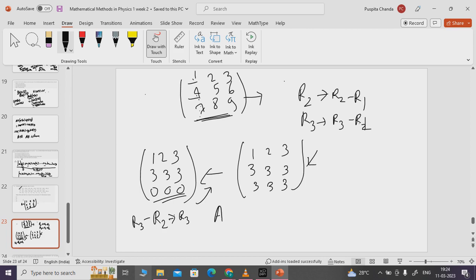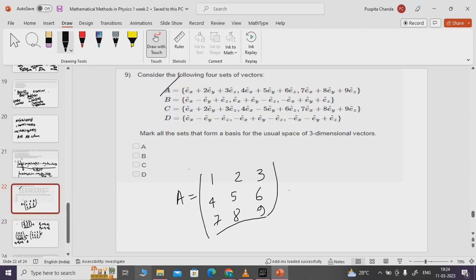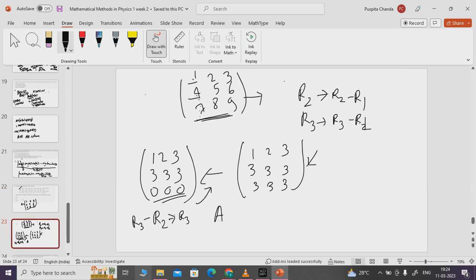So one row is 0, so A will not form a basis.